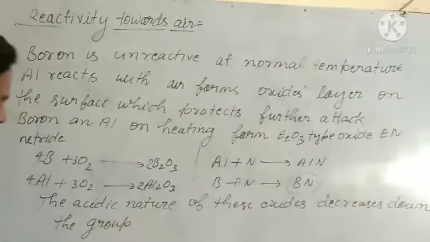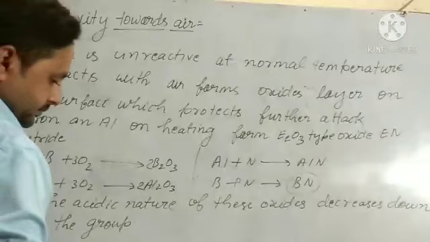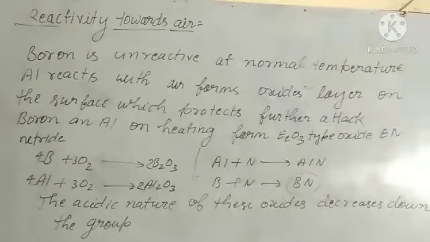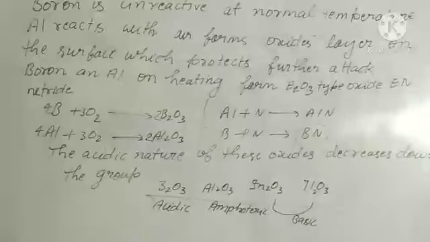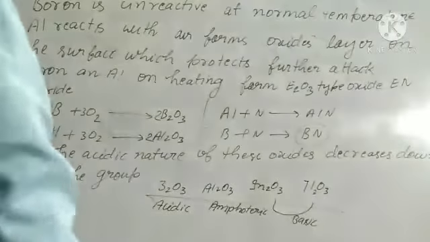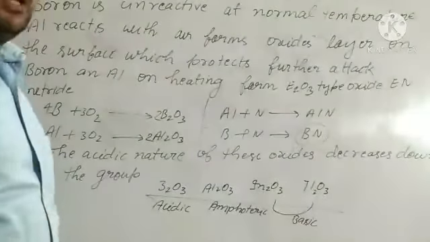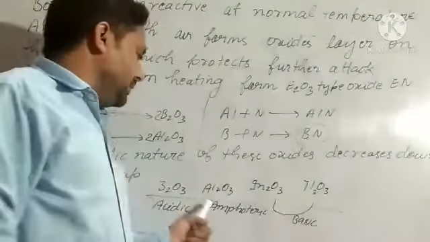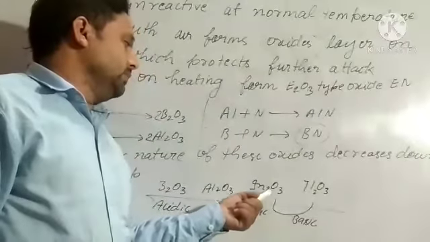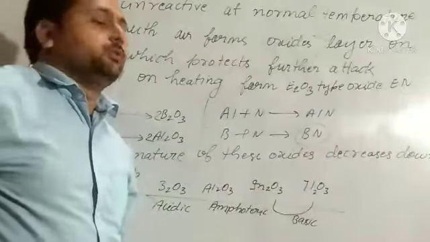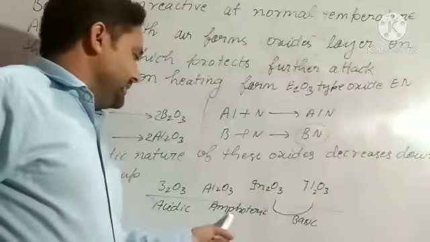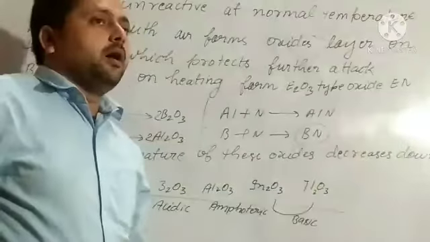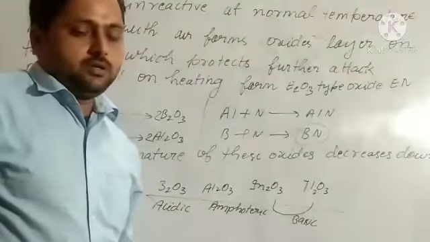So these are B2O3, Al2O3, In2O3 and Tl2O3. B2O3 is acidic, Al2O3 is amphoteric, and the other two are basic in nature.